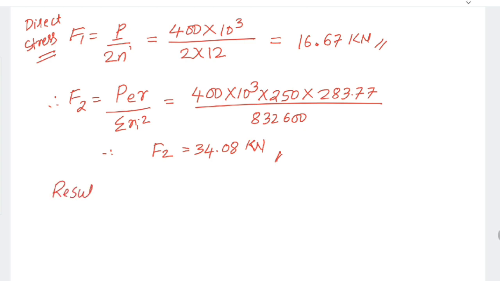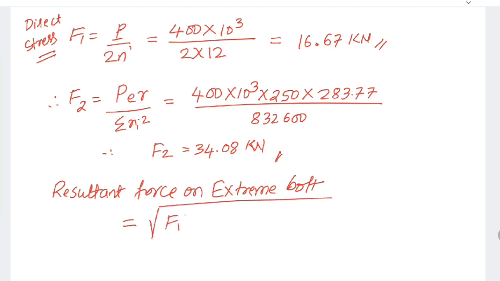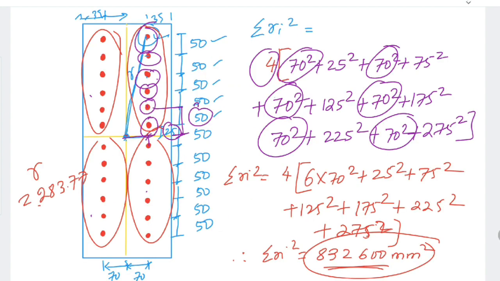The resultant force on the extreme bolt is equal to the root of F1 square plus F2 square plus 2 F1 F2 cos theta. Here again, one thing comes into the picture: what exactly theta is. So I will find the value of theta here.